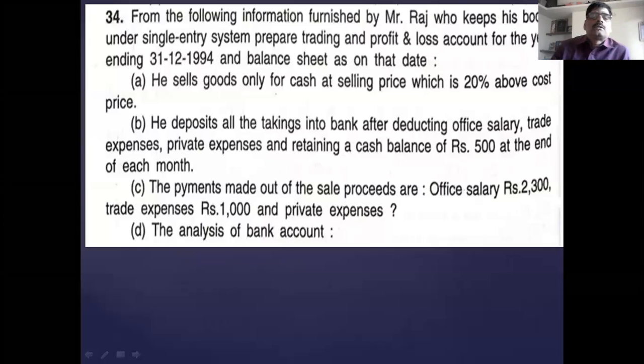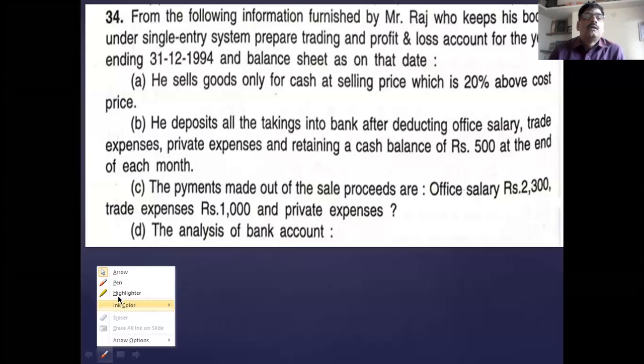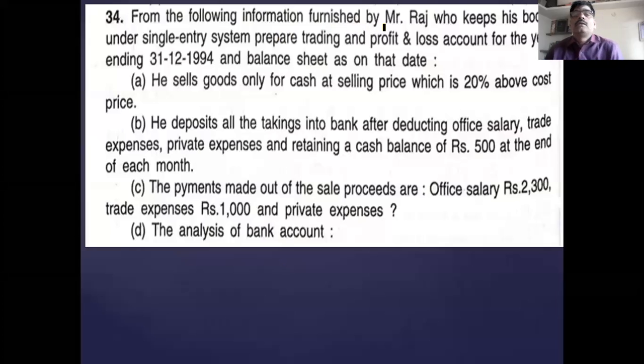Today we see exercise number 34. In exercise number 34, from the following information furnished by Mr. Raj, who keeps his books under single entry system, prepare trading profit and loss account for the year ending 31st 12/94 and balance sheet as on that date.